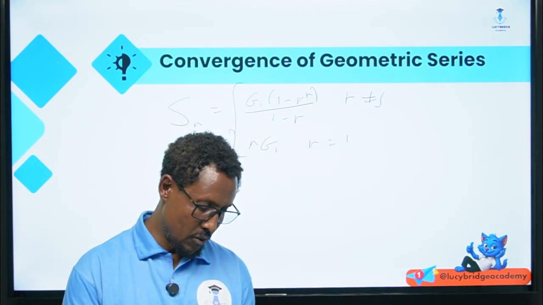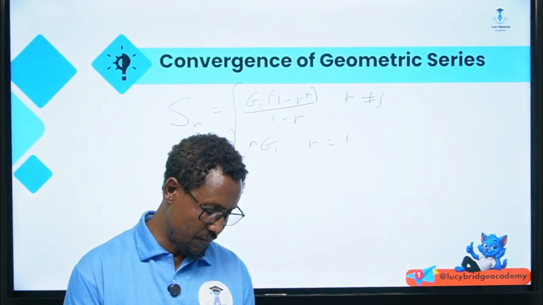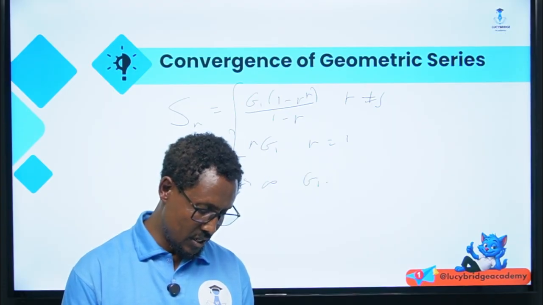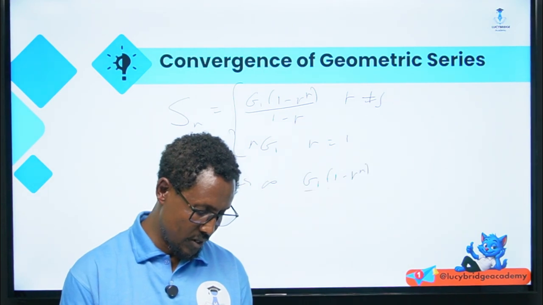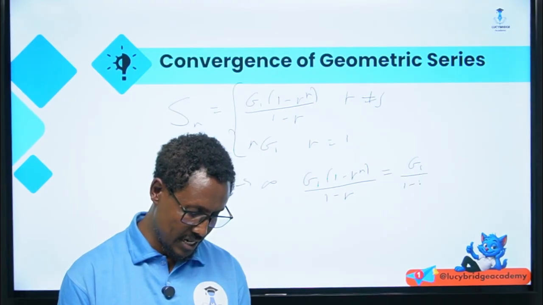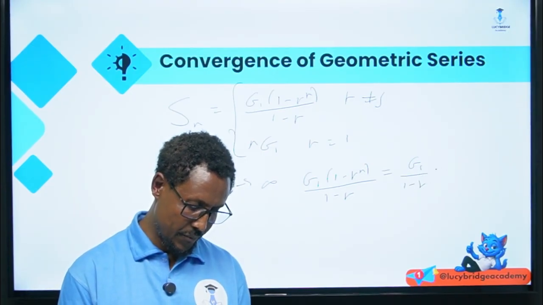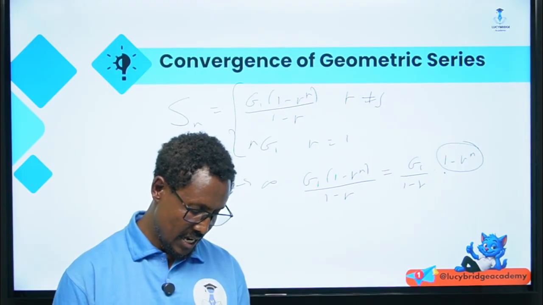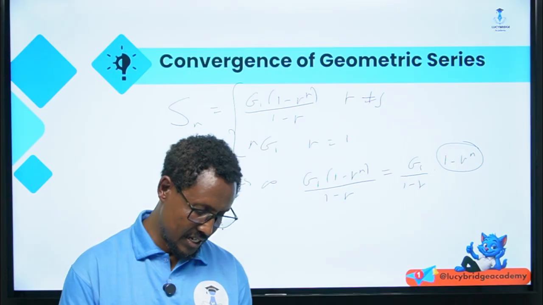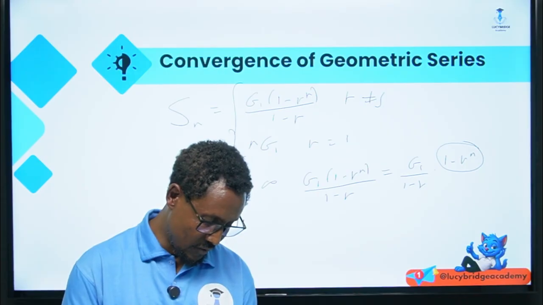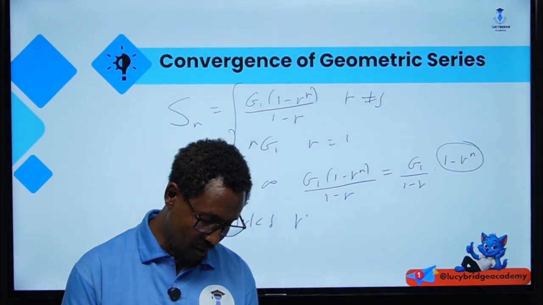Look, what happens as n tends to infinity? g1 times (1 minus r to the power of n) over 1 minus r can be written in the form g1 over 1 minus r times (1 minus r to the power of n), okay? As n tends to infinity, and if the absolute value of r is less than 1, r to the power of n tends to what?